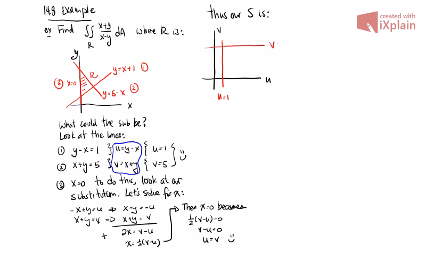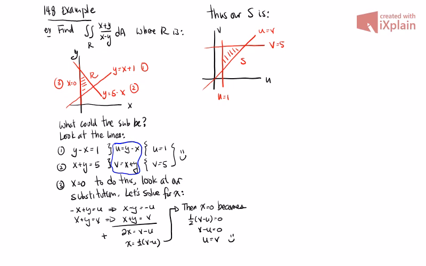That's right here. And then an edge at u equals v. So that's right here. So this is our S. And that's a pretty nice region. It's vertically simple, it's horizontally simple. Has a nice meeting point that we can find up at (5, 5) and at (1, 1). Everything's good. So what do we need to know here? We need to know the Jacobian. We need to know what the integrand changes into.